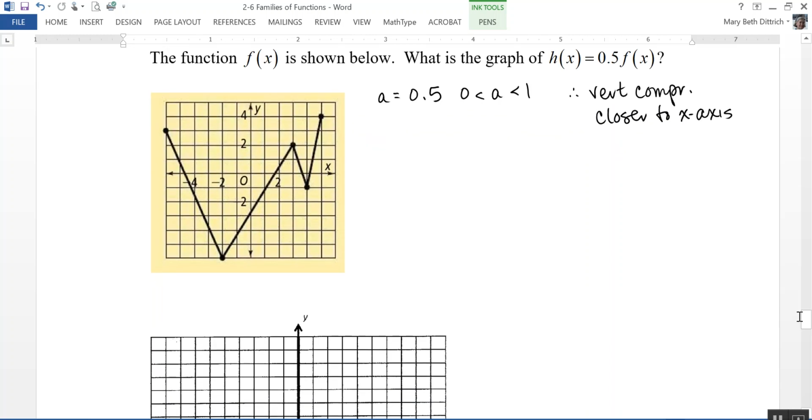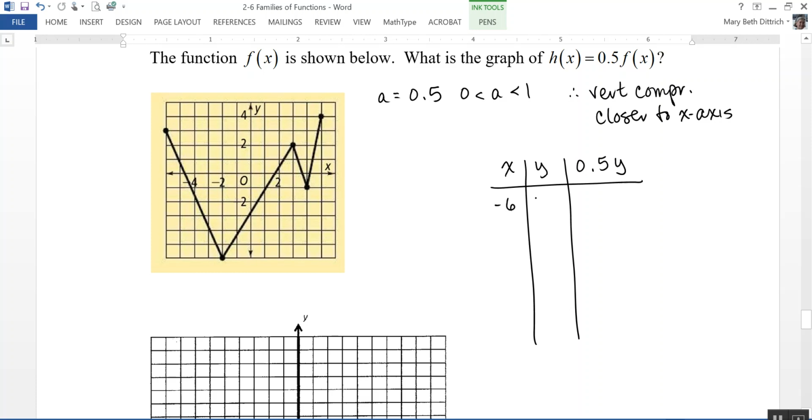So I'm going to make a table of values here, and I'm going to do x, y, and then I'm going to have to calculate 0.5 of y. So just picking the points off of the table here, the obvious points that they have here. So I have negative 6 and 3. I have negative 2 and negative 6, 3 and 2, 4 and negative 1, and 5 and 4.